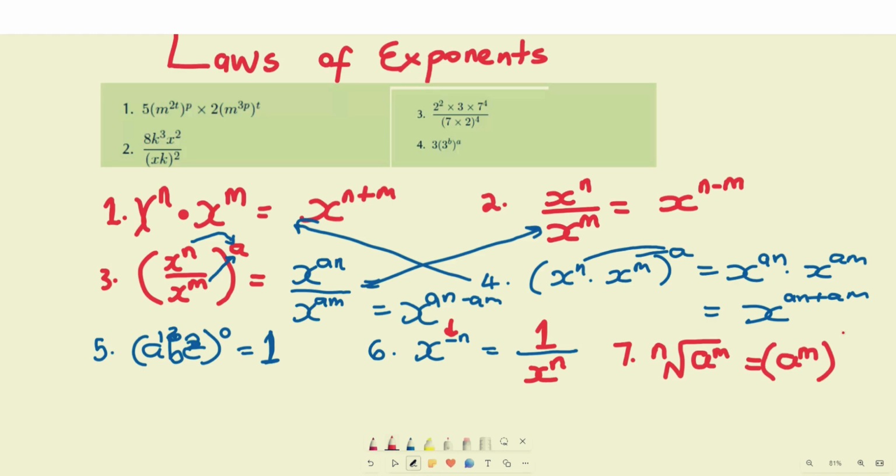This n here can be written as 1 over n. Do you get it? It's always 1 over whatever the root is. If you have a square root, you are going to have 1 over 2. If it's a cube root, you have 1 over 3, and so on. And then from there, you can see that you can apply this rule or this one. You can multiply this, and that is going to be a to the power m over n.